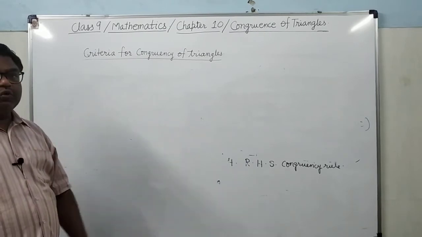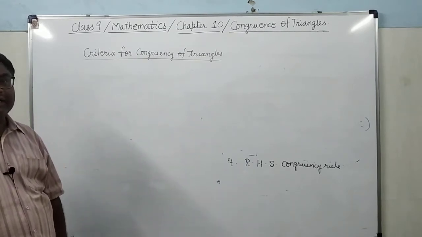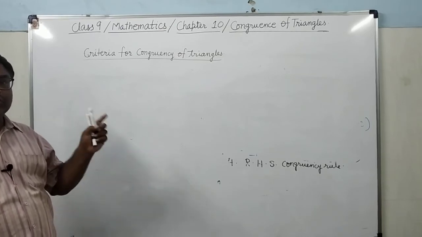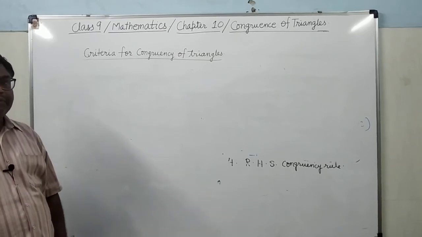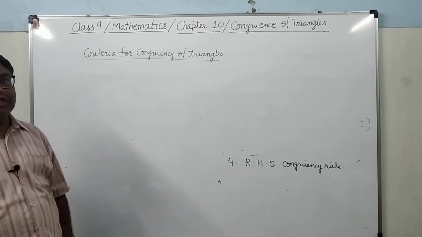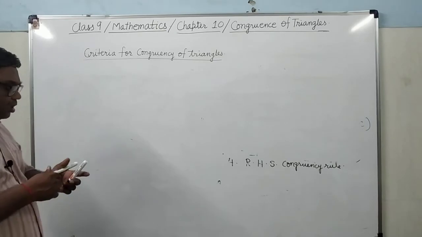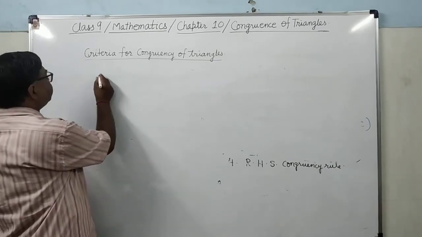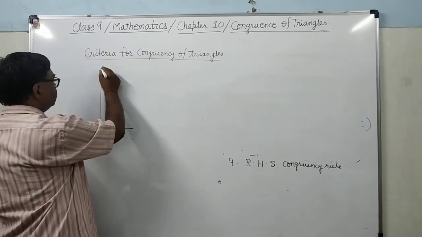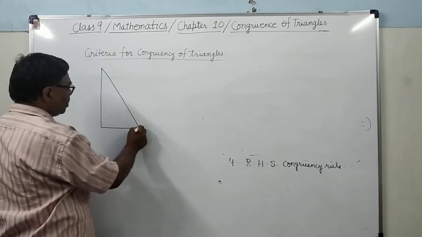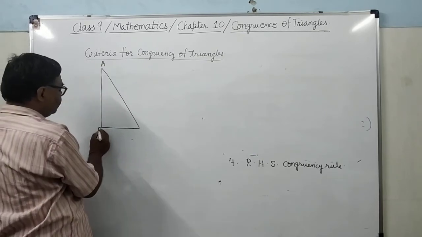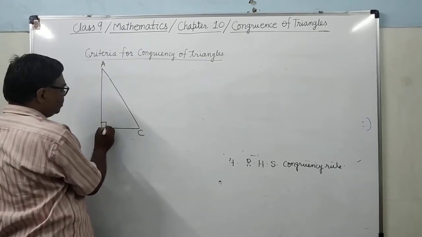If in between two right angle triangles, hypotenuse is equal, hypotenuse means side opposite to the 90 degree angle, hypotenuse is equal and one more side is equal, then both the right angle triangles will be congruent. You can see here, this is one right angle triangle, this is ABC.